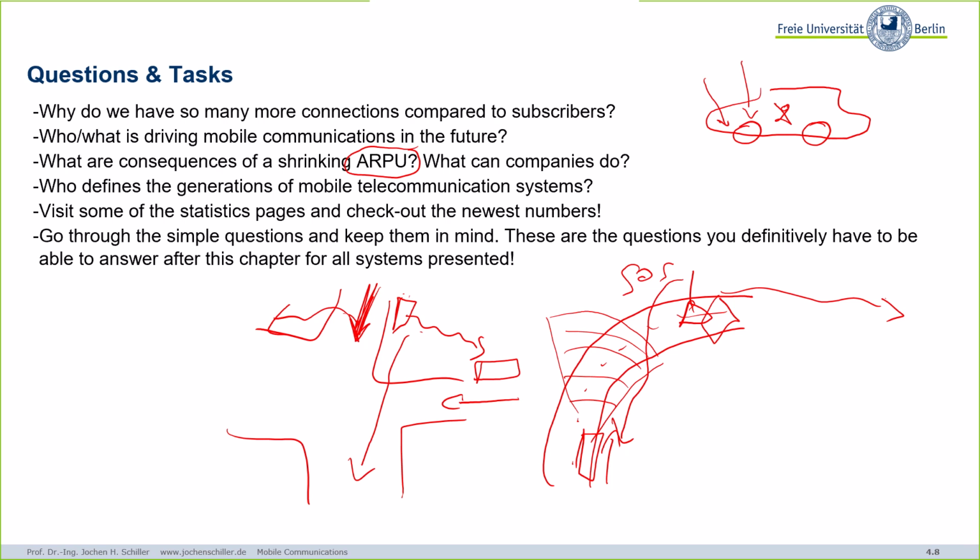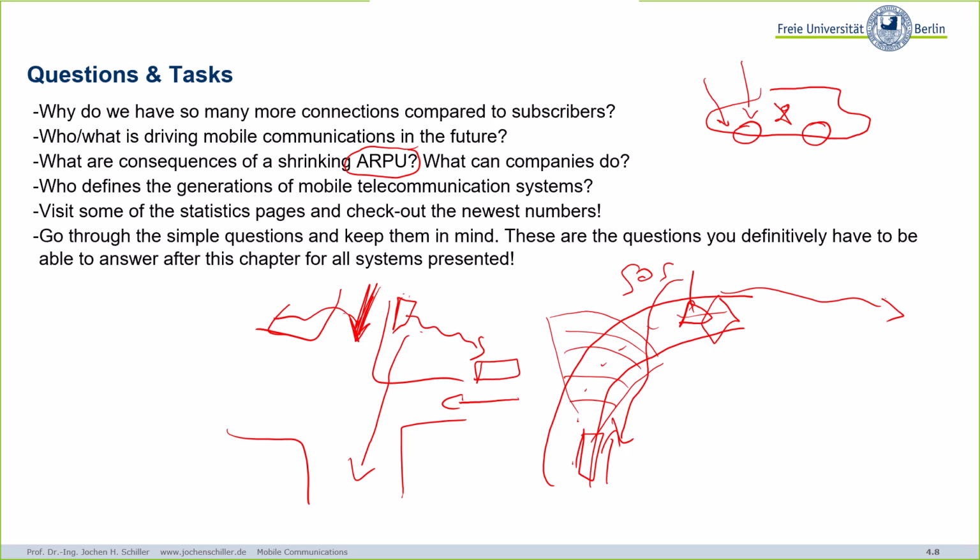So in the end, there's the International Telecommunication Union, the ITU, closely cooperating with all the standardization bodies, institutes, etc., and companies. And after many discussions, the ITU then sets certain goals for generations. So, for example, for the fourth generation, the ITU said, well, we have to reach a data rate of 1 gigabit per second.